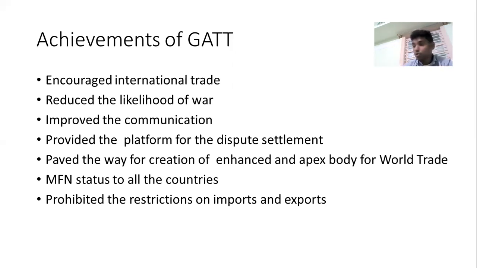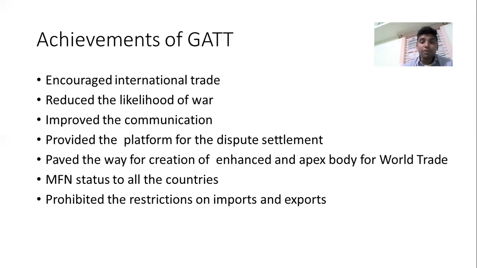And more important, what GATT achieved was that it transformed itself, paving the way for the apex body called the World Trade Organization, which is now the apex trade body in the world, and MFN status to all countries. For students who don't know the meaning of MFN, it is Most Favored Nation. It was made a rule in the WTO by the GATT that MFN status should be given to all those countries with whom you have trade relations.